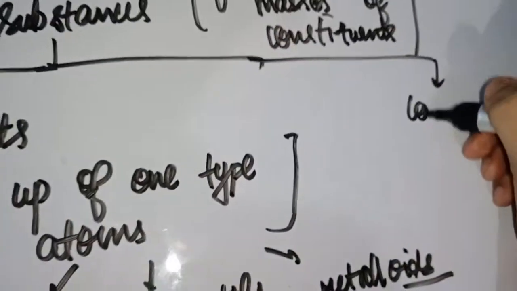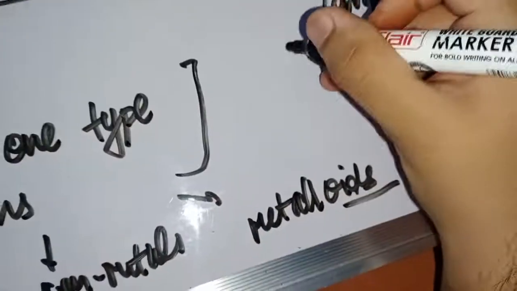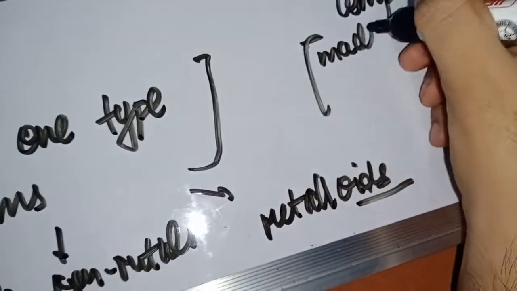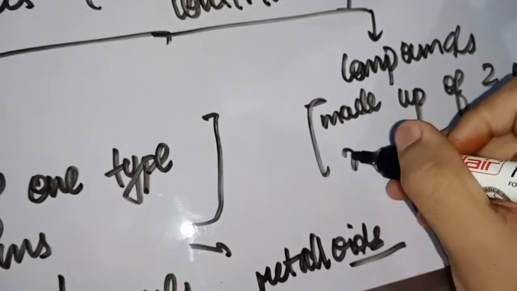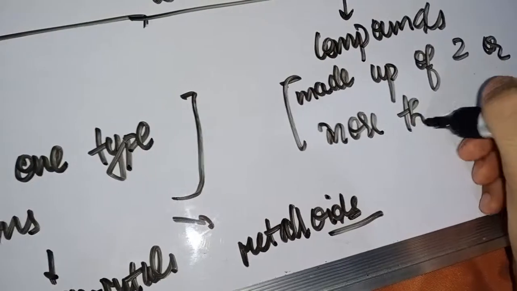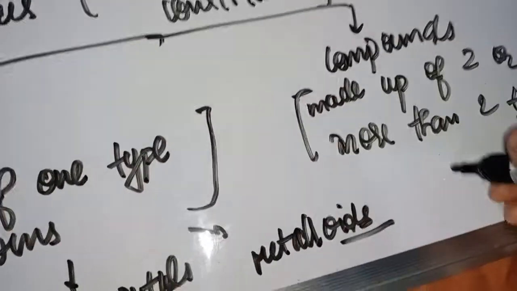Next comes compounds. Pure substances can also be compounds, that is, made up of two or more than two types of atoms in a fixed ratio.